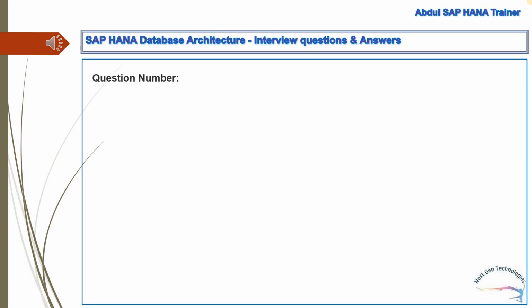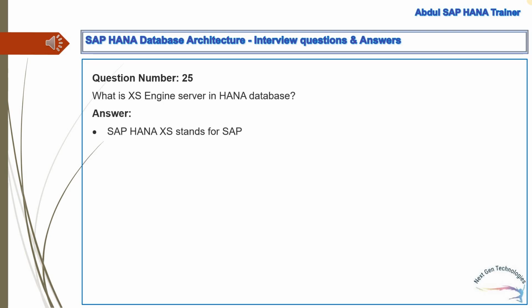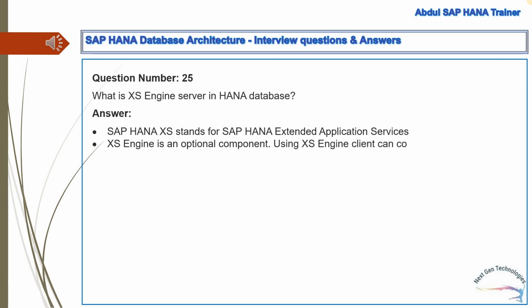Question number 25. What is Access Engine Server in HANA database? Answer. SAP HANA XS stands for SAP HANA Extended Application Services. Access Engine is an optional component.